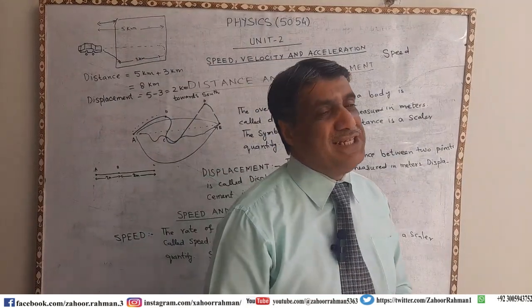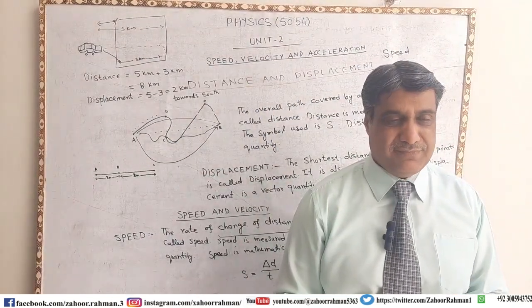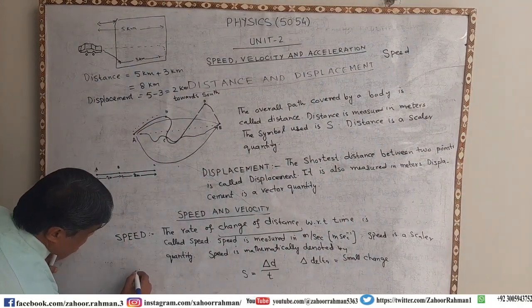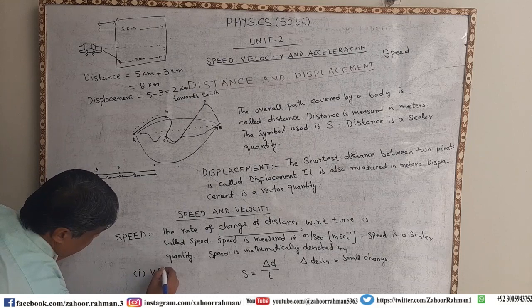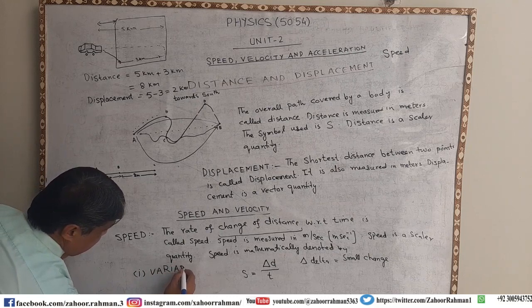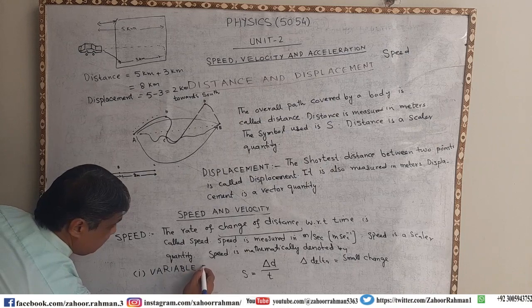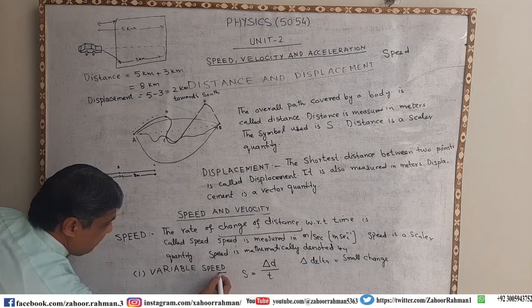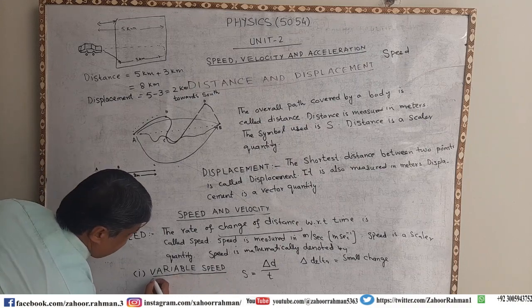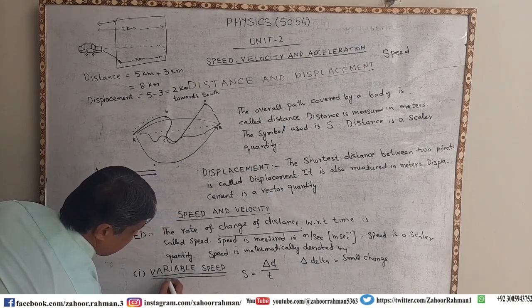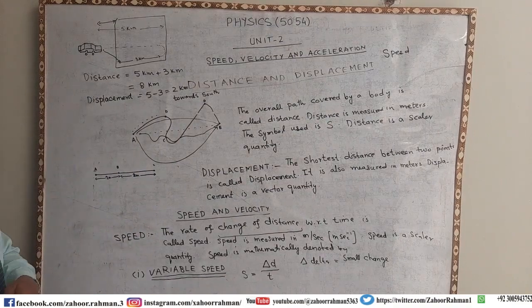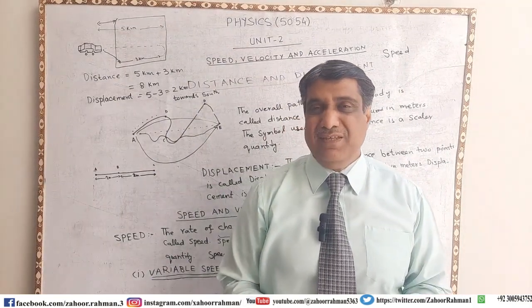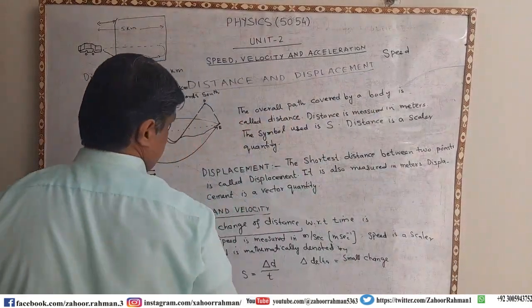There are many types of speed. The first one is called variable speed. What does it mean? Let me give you an example first.